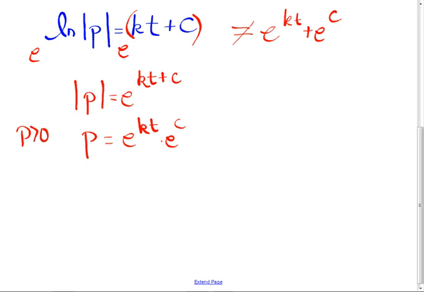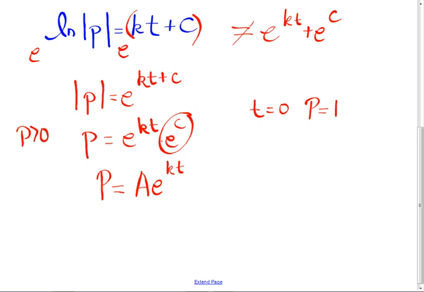Okay, you guys, this is just a constant. e is 2.7 to some number. I don't know. So why don't we just call that A? Now, when t is equal to 0, let's say my population is P sub 0, my initial population.